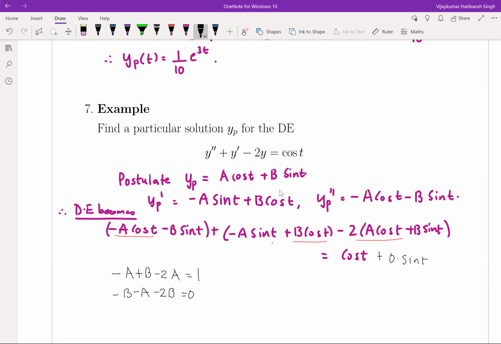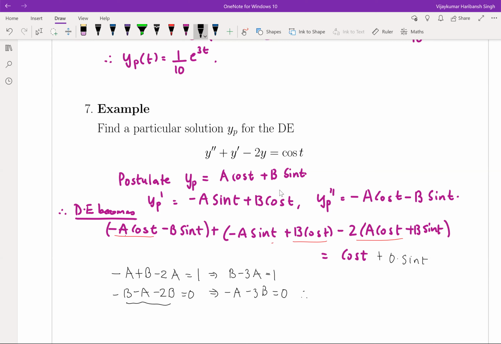The first one simplifies to b minus 3a equals 1. And from the second, you get a minus 3b equals 0.